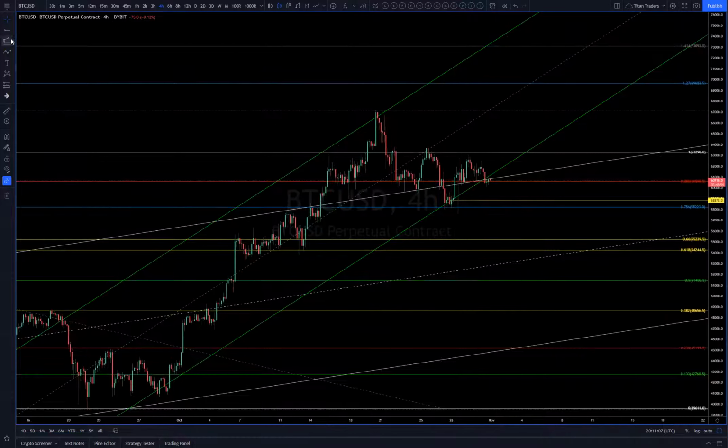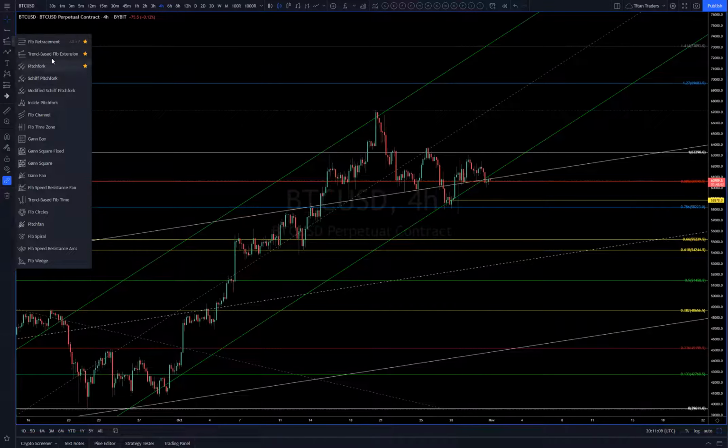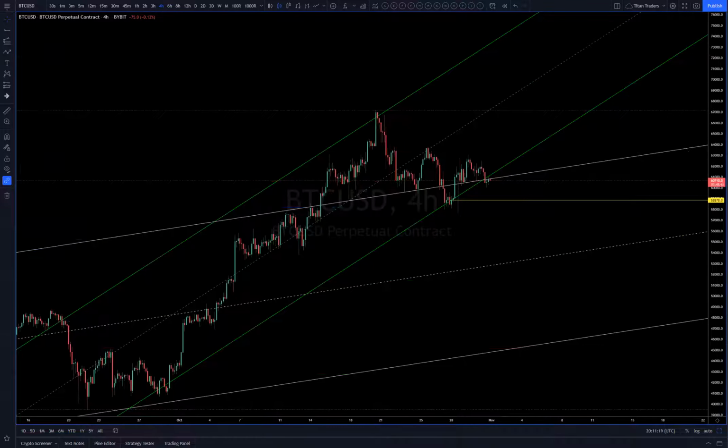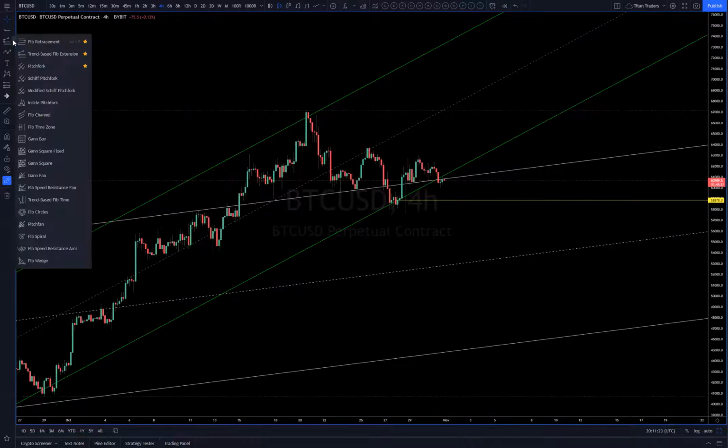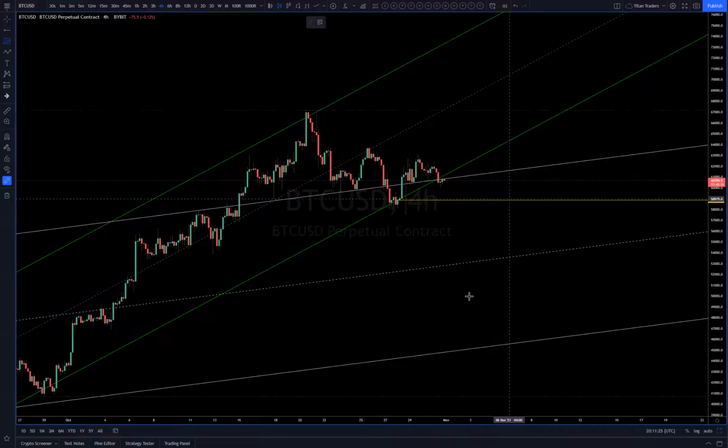And what I would be doing is looking at local fib levels to see where I could target, to see if we could reach that 1.127. In this sort of case, first of all, I want to look at locally where price is going to go potentially.